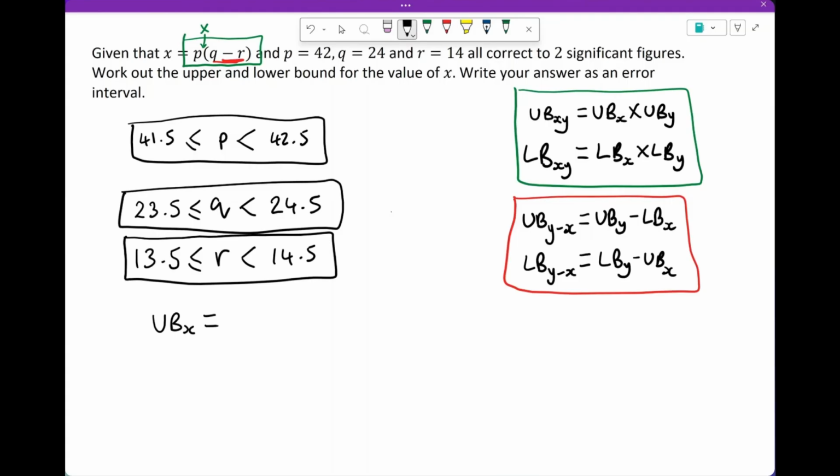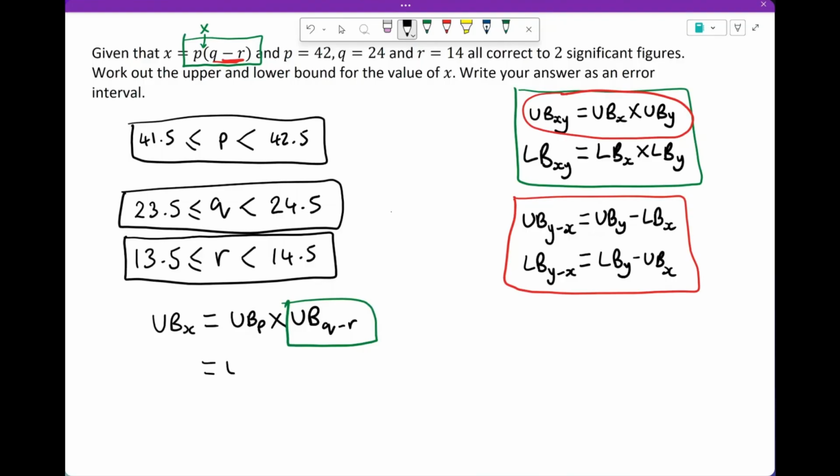So let's say we wanted the upper bound for multiplication. Well, that is going to be the upper bound multiplied by the upper bound. So I need the upper bound of P, and then that's multiplied by the upper bound of the other value in my calculation, which is the Q subtract R inside my brackets. Then what we're going to have to do is break down the upper bound of Q subtract R even further, given it's a subtraction calculation.